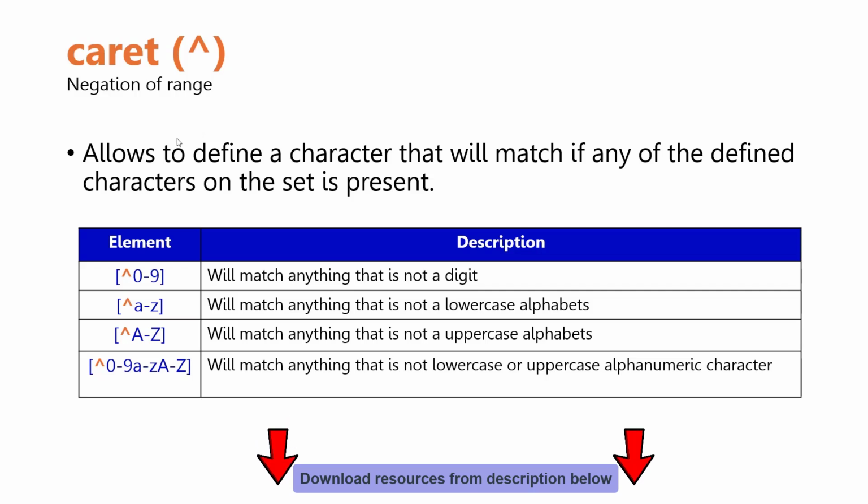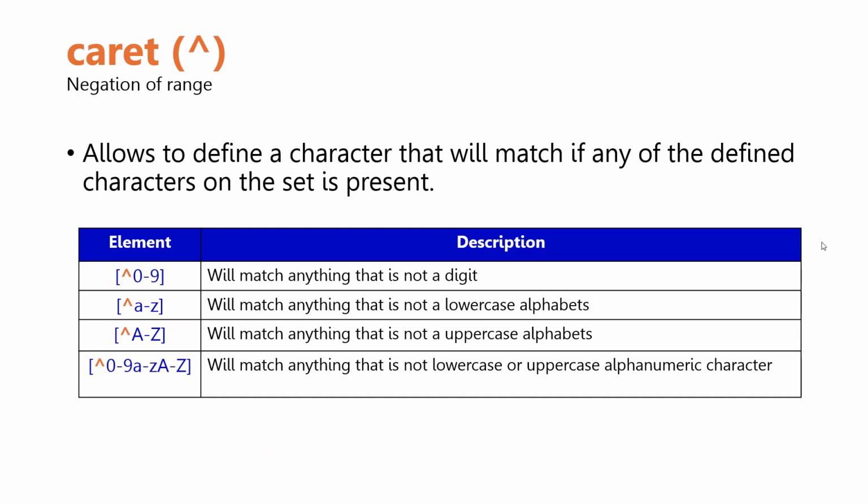For example, here I have used caret, and the range of the set of characters I used is 0 to 9. So what happens is this will match anything apart from a digit, which is 0 to 9. Apart from these digits, it will try to match anything like lowercase, uppercase, special characters, etc. Similarly, we can also do it for lowercase a to z, uppercase A to Z, and also all the alphanumeric characters.